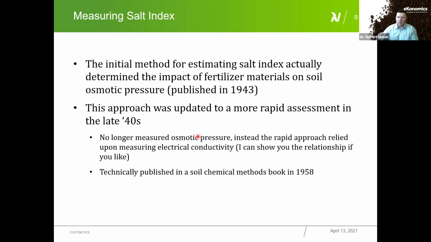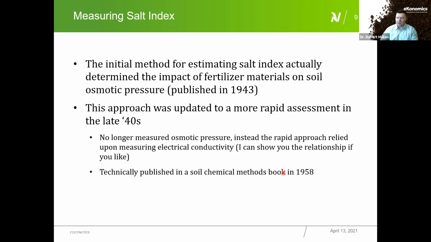And I'll show you what that list looked like from that initial publication in the 40s. As we progressed into the later 40s, there was a more rapid assessment technique that was developed. It was actually published, I believe, in 48, and that is that electrical conductivity approach. It really wasn't fully accepted as an analytical method for soils and fertilizers until the late 50s.